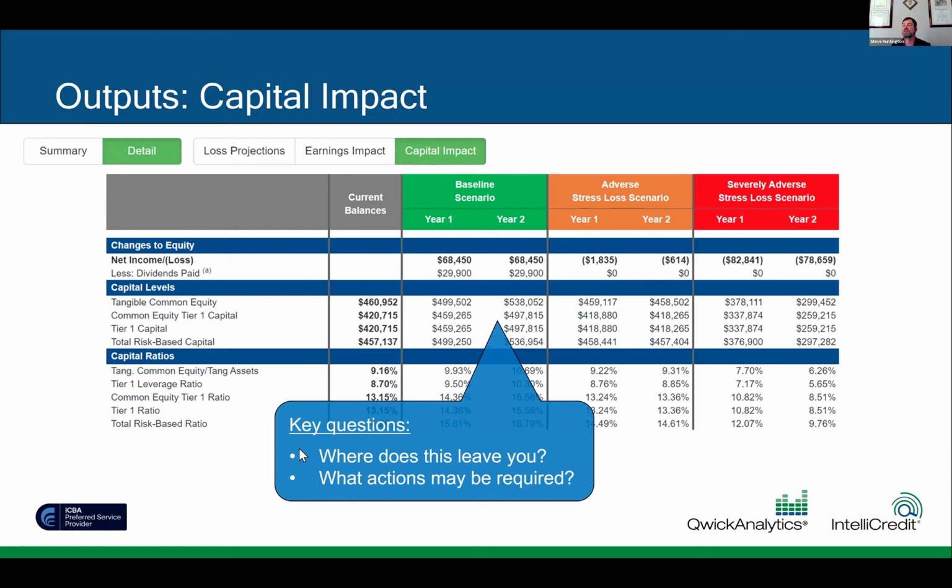Then finishing with those key questions, where does this leave your capital? What actions might be required or triggered at the board level? And then you can iterate the tool after entering additional capital to see exactly what level you would need and when you would need to inject it in those severely adverse scenarios to get back up to a comfortable or at least regulatorily required level.